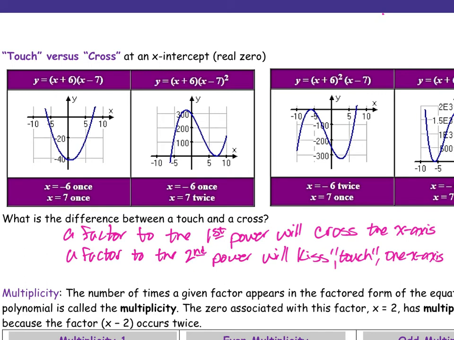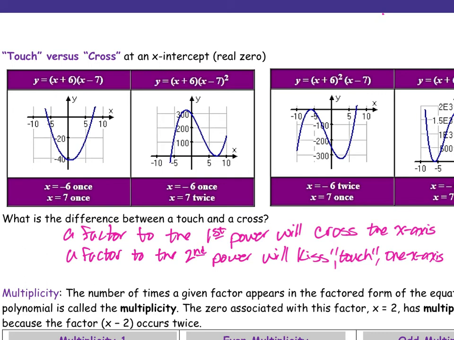Okay, and then as the powers get bigger, if it's a third, it will start flattening out, right? So it'll still cross, but it'll be flatter. If it's a fourth, it'll still touch it, but it'll be flatter. So if it's a factor to an odd power, it'll still cross, but it'll start flattening out as it crosses through.